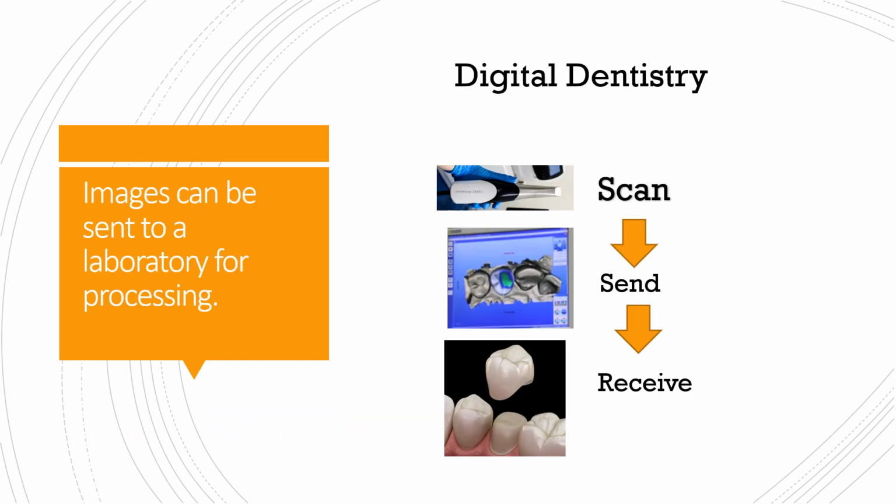So how does it work? Well, we want to scan. We're going to send it to the lab, and it gets sent immediately, probably within about 3 minutes or so. Then the lab fabricates the device and sends it back to us.